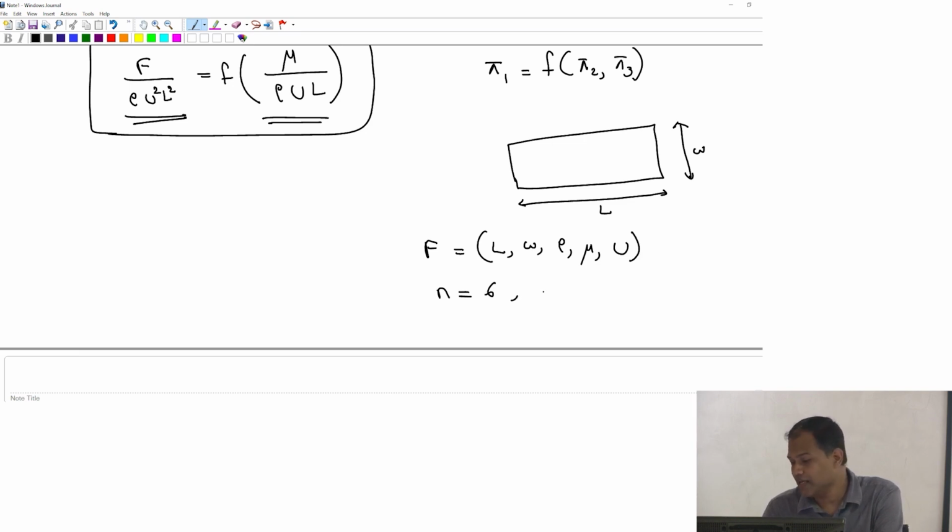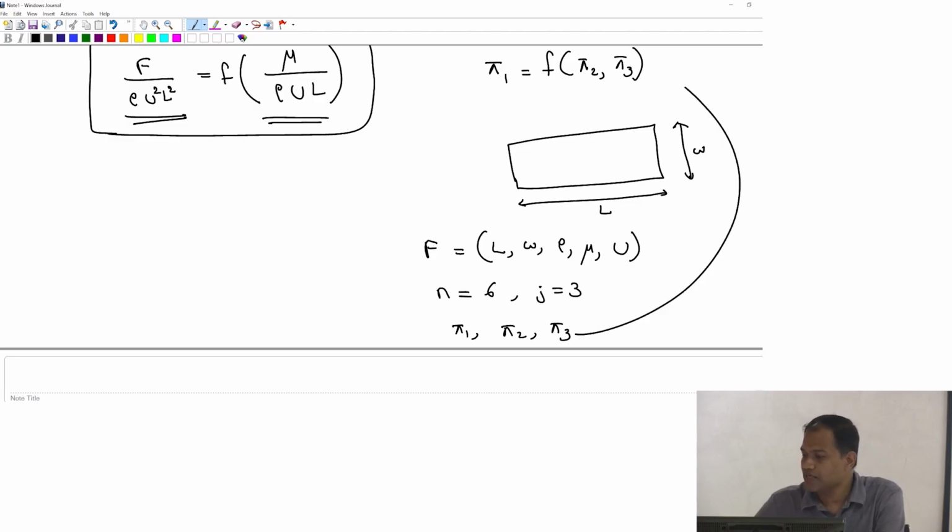But in this case again j is going to be 3, okay. So, you can expect to find 3 non-dimensional variables, okay. Let us say you will find them as pi 1, pi 2, pi 3. Then you can say that this is what the relationship is going to be, and so on.